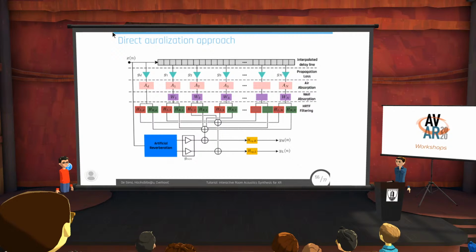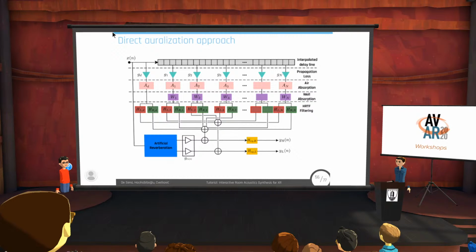Now imagine, this is a model for a single source, you would need multiple of these models for simulating multiple sources. So each of the delayed copies obtained from the interpolated delay line are processed in several stages to add propagation loss, air absorption, wall absorption, and direction. Direction is added by using HRTF filters. And artificial reverberation is typically independently chosen and uses decorrelation to generate binaural audio.